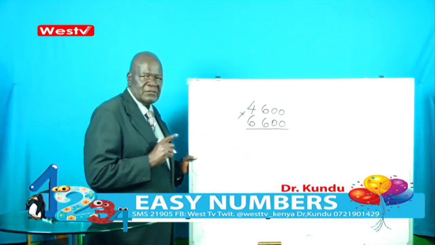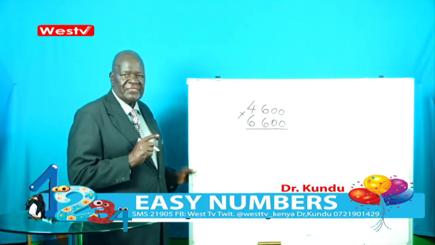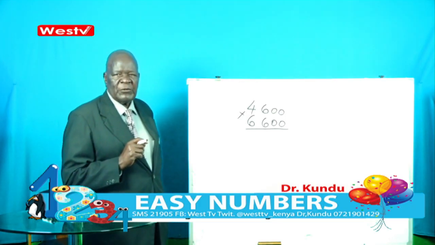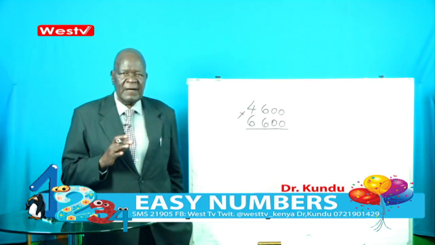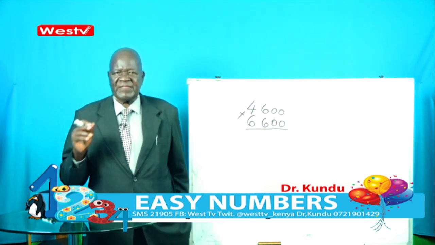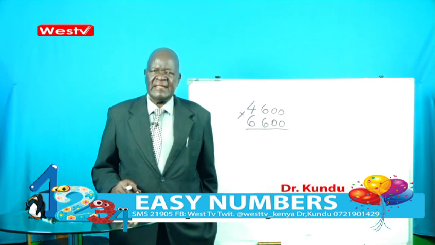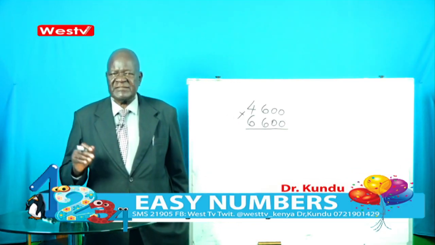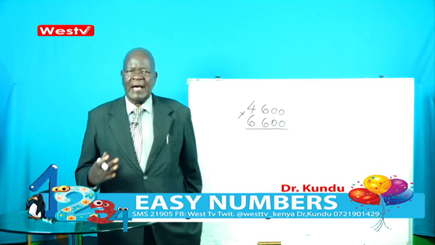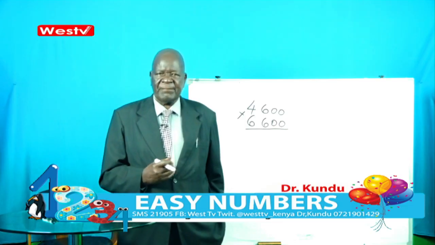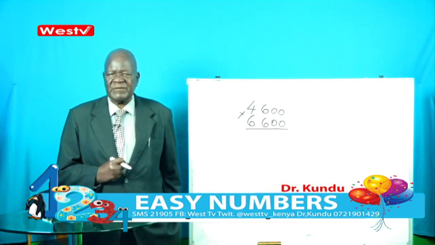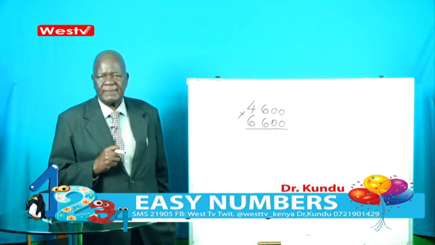So somebody looks at this problem and thinks that it is so huge that a firm employs some 4,600 workers whose salary is 6,600 each. How much money does this company pay in terms of salary to the workers?